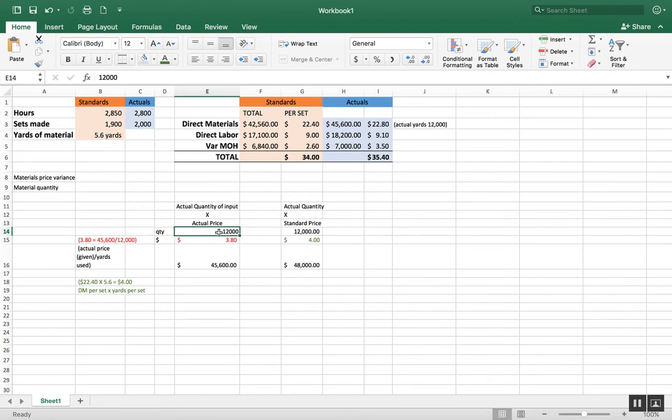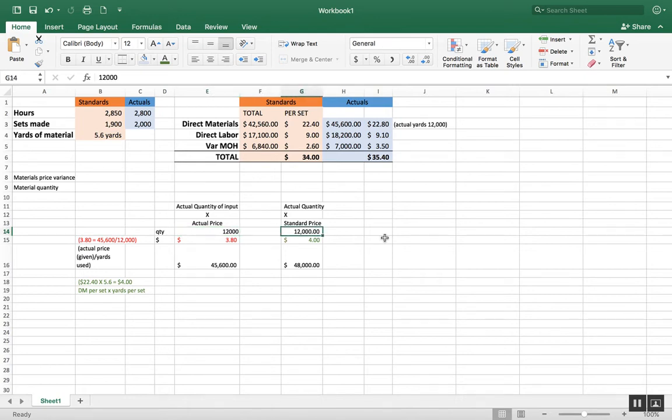So I put the 12,000 here. I had to figure out the $3.80 actual price paid per yard. I simply took $45,600 and divided it by 12,000 to come up with $3.80 per yard.